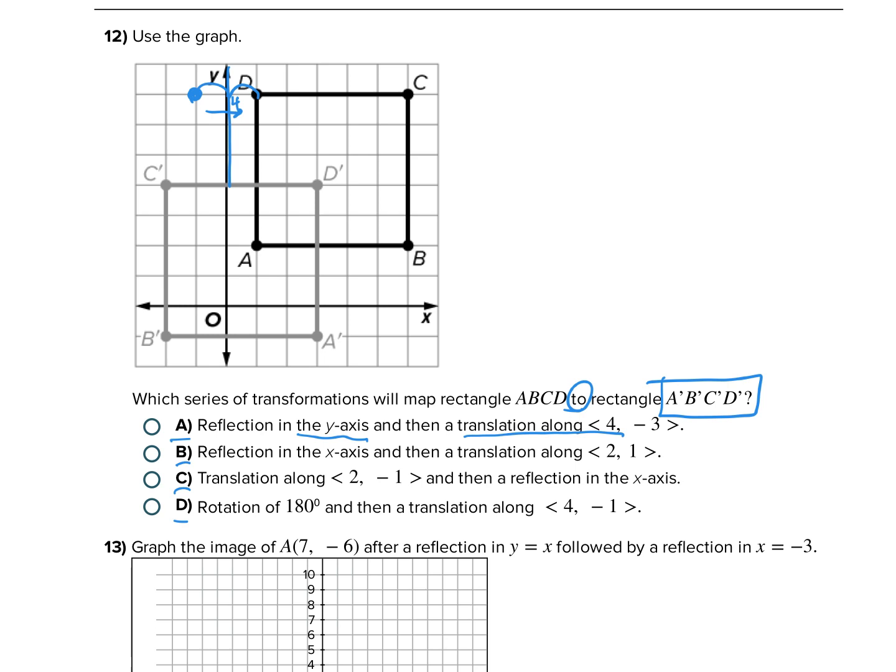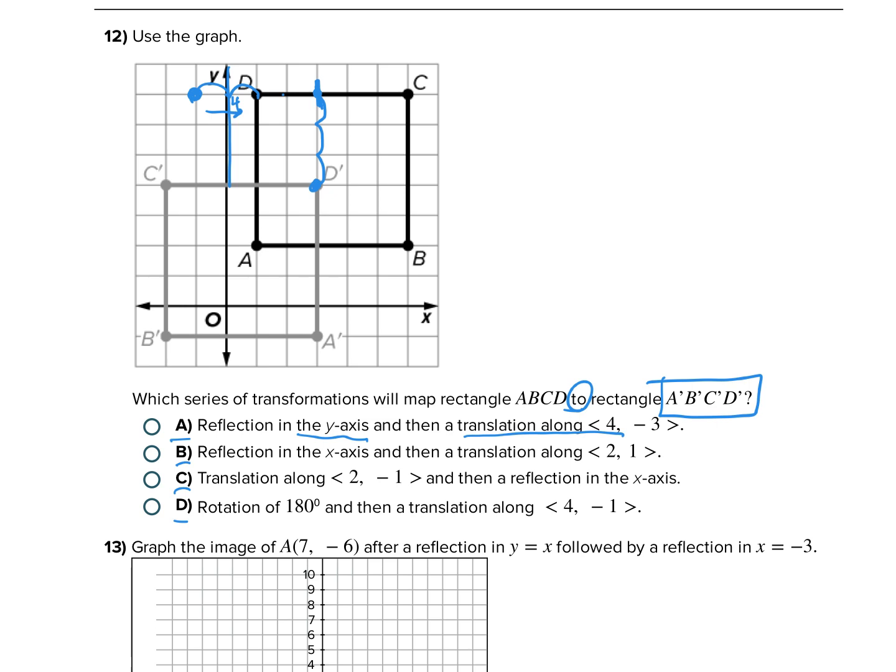So 1, 2, 3, 4 puts me here, and down 1, 2, 3. So I do believe A is our answer, but it would not be prudent for us to just assume, because maybe I counted wrong. So we want to make sure we eliminate B, C, and D.